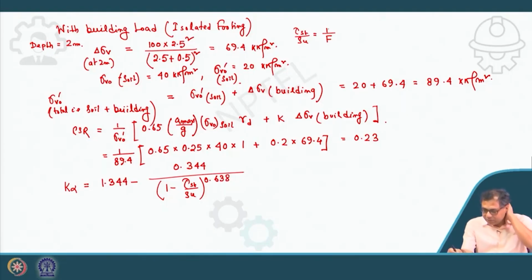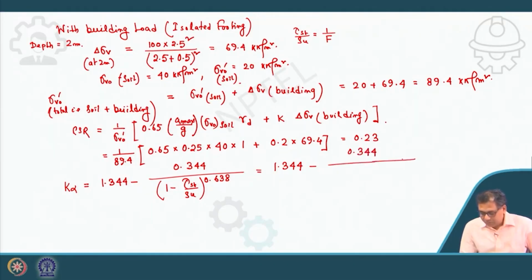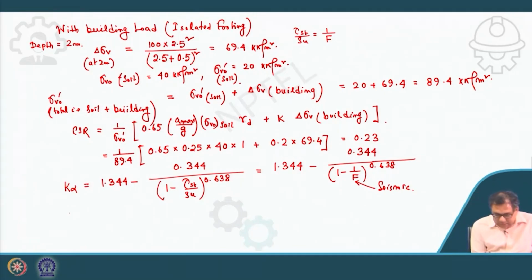Now tau st by SU is 1 by F, so I can replace it. 1.344, and it is normally consolidated soil, minus 0.344 divided by 1 minus 1 by F to the power 0.638, and this F is for seismic factor of safety. Okay, so let me now calculate the factor of safety for static.